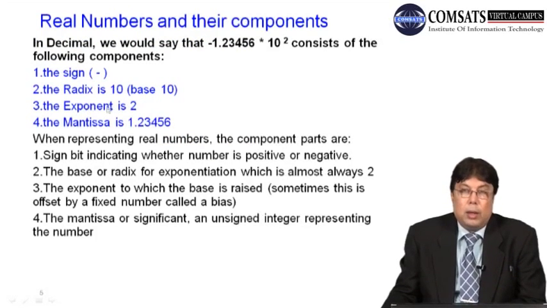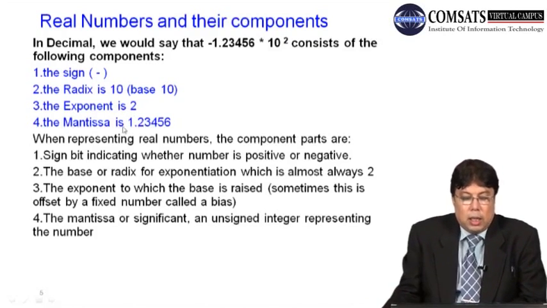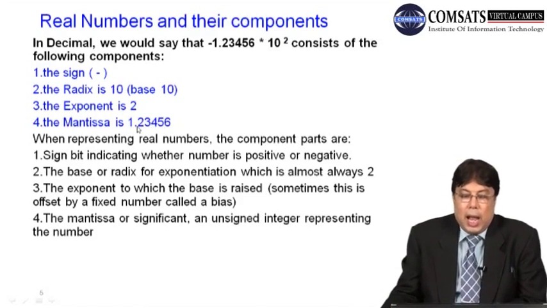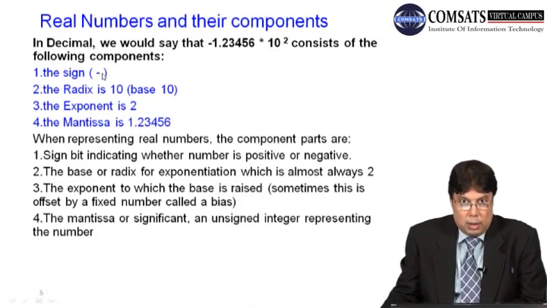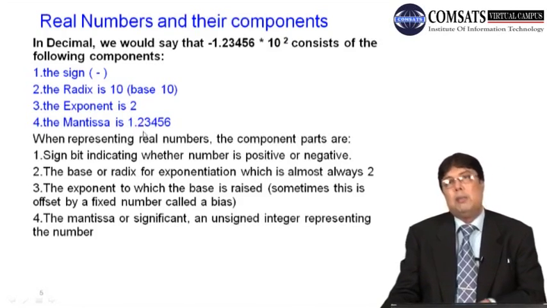Then the exponent, which means the power of the radix, that is, which number system we are dealing with, and then what the power is. In this case the power was 2, 10 to the power 2, so the exponent is 2. Then the mantissa part. The 1.23456 is basically the actual number, and this is called the mantissa. So we have the sign, that is negative or positive, then the radix, then the exponent, and then the mantissa.